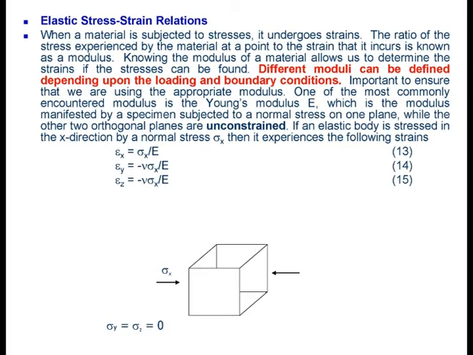Subject to this simple stress, sigma x alone, you can write out three equations on the three normal strains, epsilon x, epsilon y, and epsilon z. Just to emphasize, y is the vertical direction, and z is the direction coming out of the board towards you, the front to back direction.